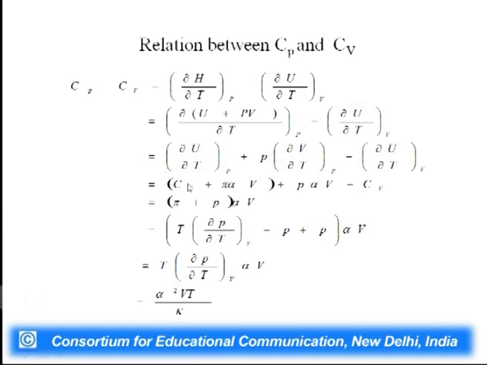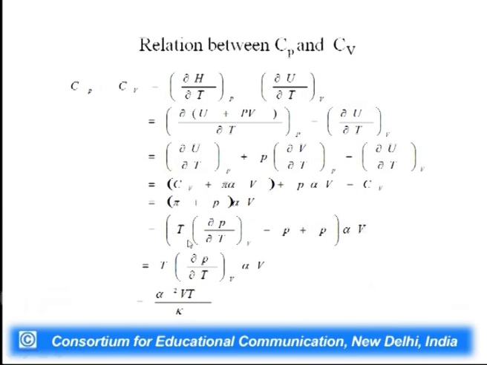Now, this Cv cancels out. What you are left with is pi alpha V plus P alpha V. So, we can take out alpha V as common. We are left with pi plus P, times alpha V, where pi is internal pressure.